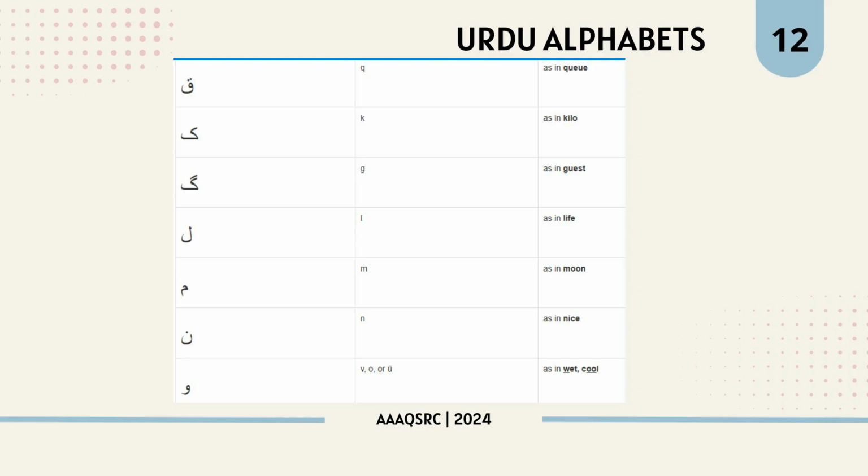Okay, but in English we denote it with T, like tower. But in Urdu it's toy, toy. I don't think we have any perfect alternative sound in English for toy.